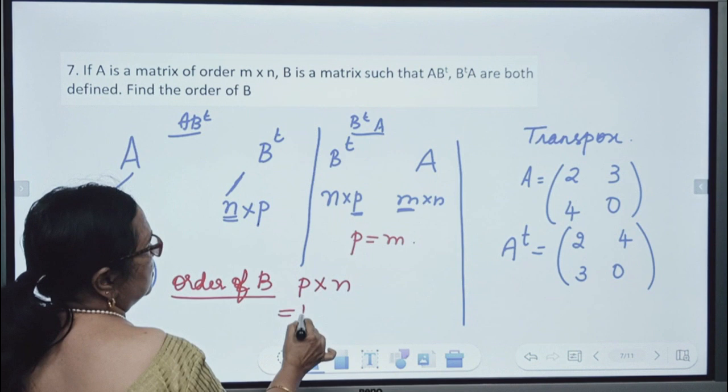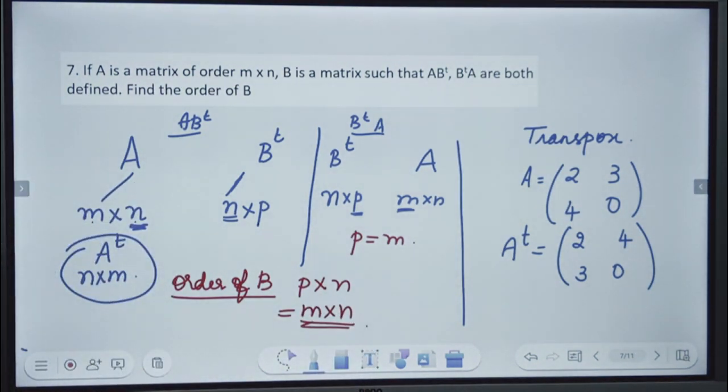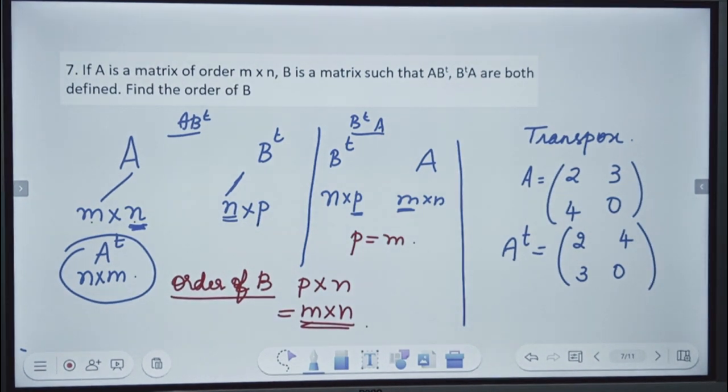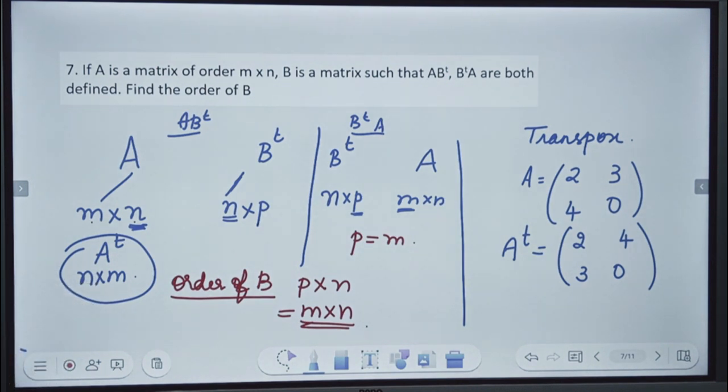M. So this is m by n. So the order of B has to be m by n. Is it clear? I hope you understand that looking at the number of columns in the first matrix to be equal to number of rows in the second matrix is a very important criterion for multiplication to be defined.